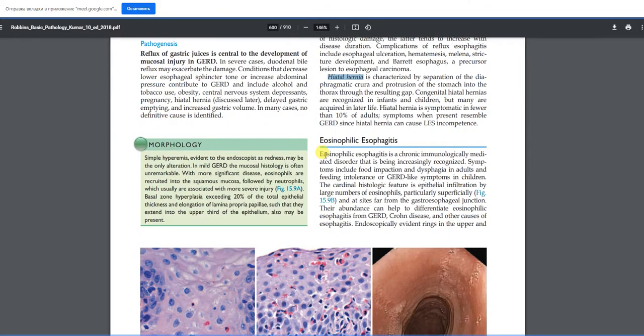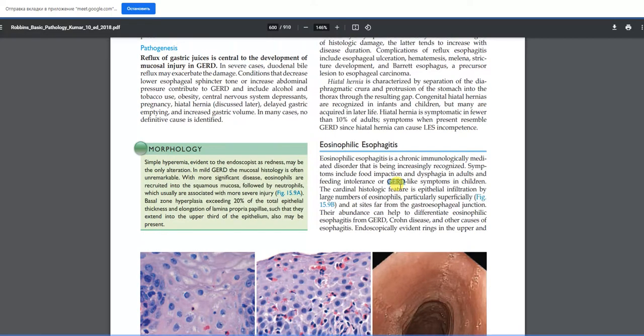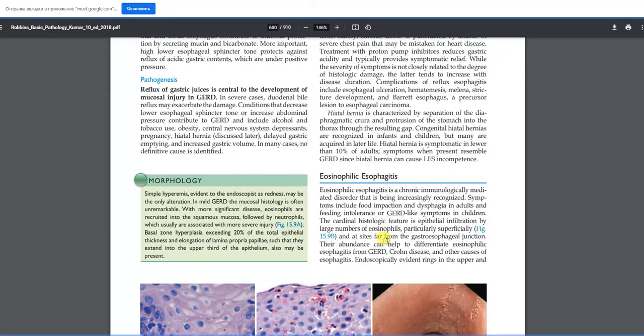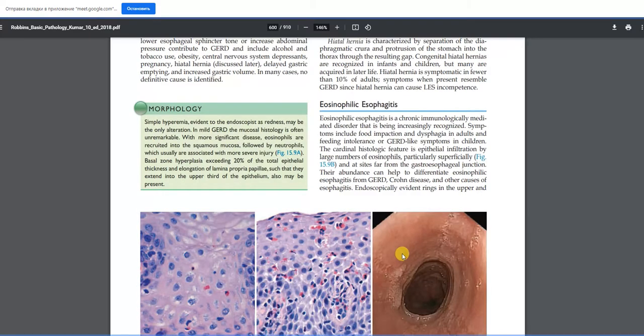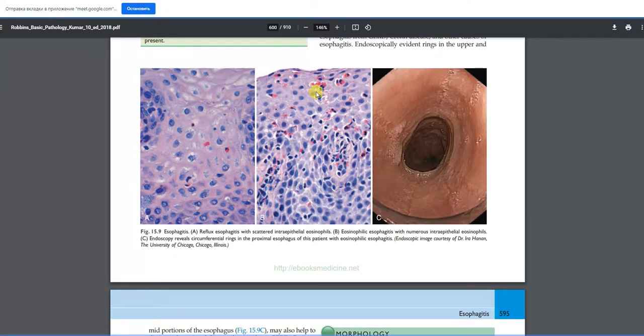Okay, then eosinophilic esophagitis. Eosinophilic esophagitis causes the same symptoms as gastroesophageal reflux disease, like heartburn, which appears after eating, or sometimes might also happen in fasting time. Here we see this blood, these eosinophilic incorporations in the epithelia.